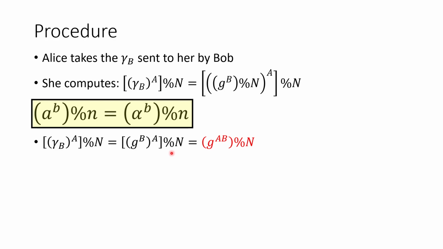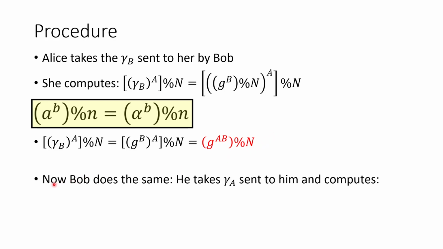And here it's going to be mod n, because both sides have to have mod n for this relationship to work. And now whenever you have a quantity raised to an exponent, you can just multiply the exponents. And so this is g to the ab mod n. And that's in red because that's ultimately the key number that both parties are going to get to the same value.